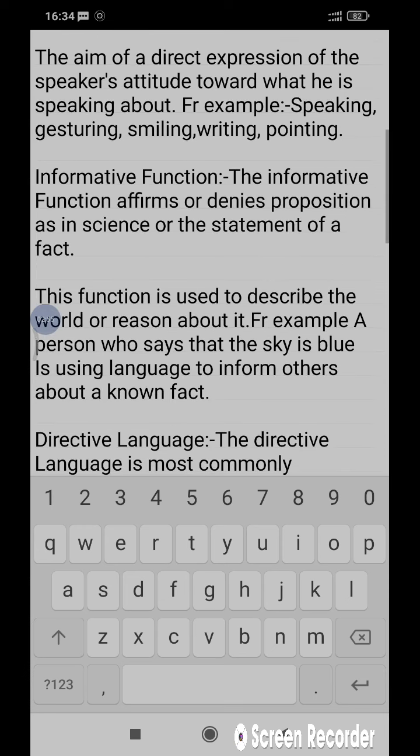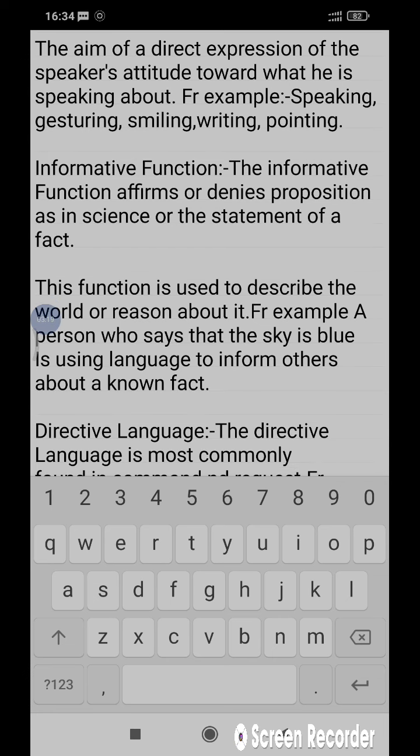Okay. The next point is informative function. The informative function affirms or denies propositions, as in science or the statement of fact.